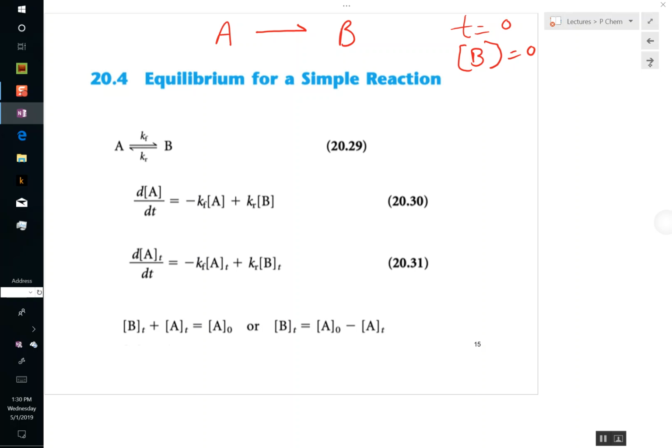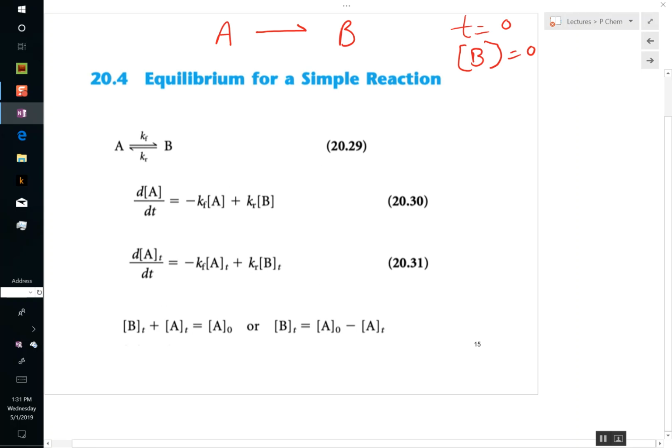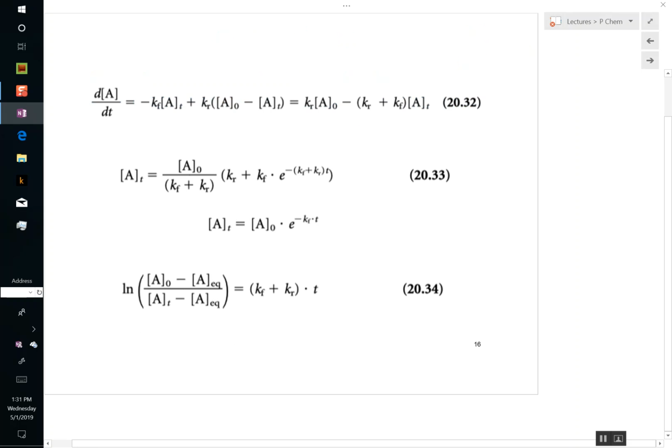Let's not belabor it, but you get to a point where you can define everything from that. We can plug this relationship in for B(t) and describe everything in terms of A initial and A at some time t. And you get these expressions for opposing first order kinetics.